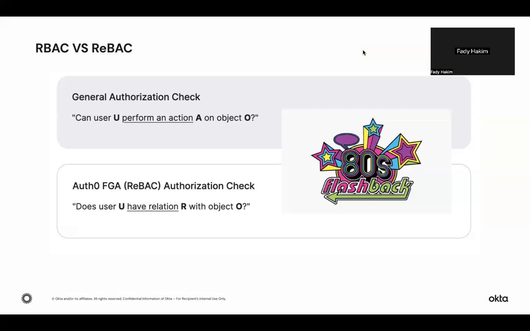And the answer is usually yes or no. In relationship-based access control, where everything you define is objects with relationships to each other, your application asks FGA, does the user Lee have a relationship to expense report one as an approver? So everything in this model is defined as objects and they have relationships to each other.